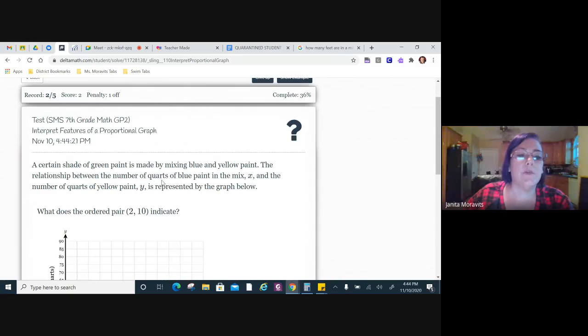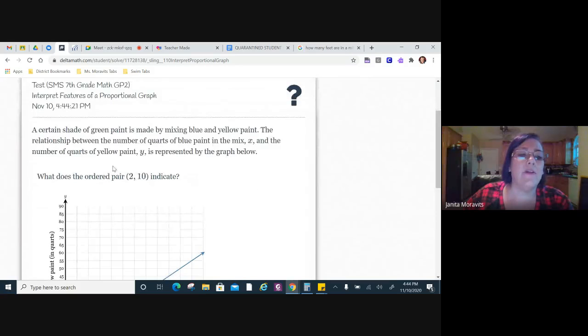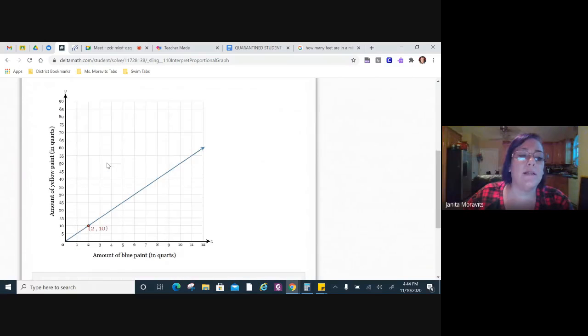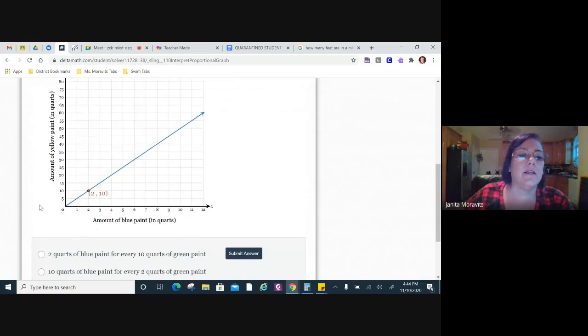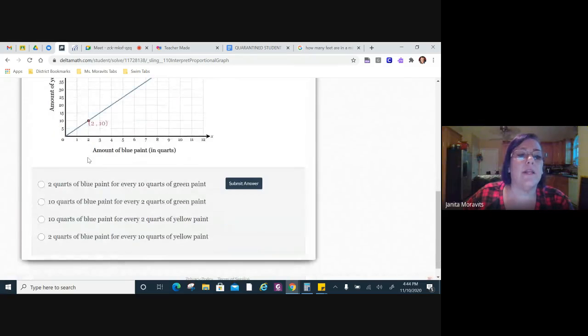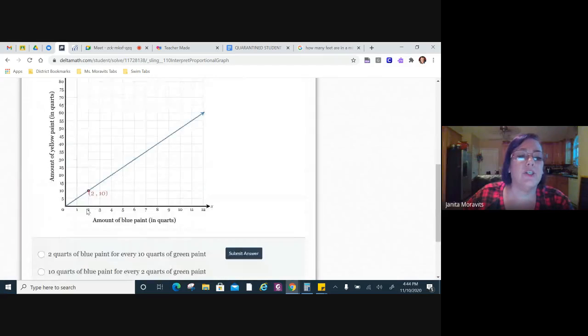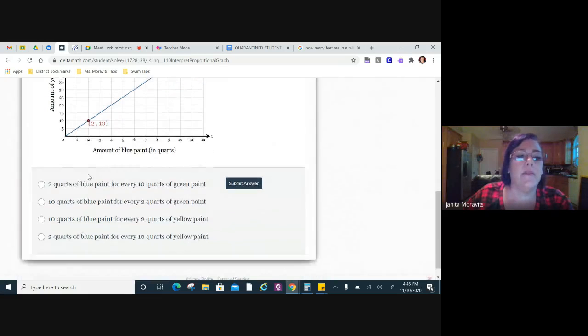The number of quarts of blue paint is the X, and the number of quarts of yellow paint is the Y. So blue is X, and yellow is Y. So right here, if we have 2 on the X and 10 on the Y, that means that there are 2 quarts of blue paint.